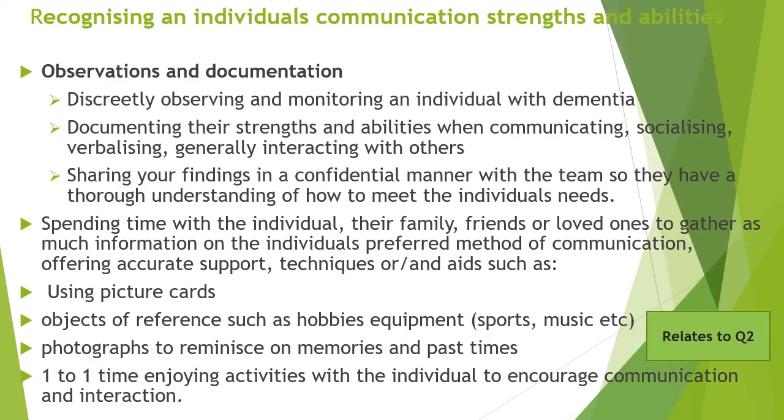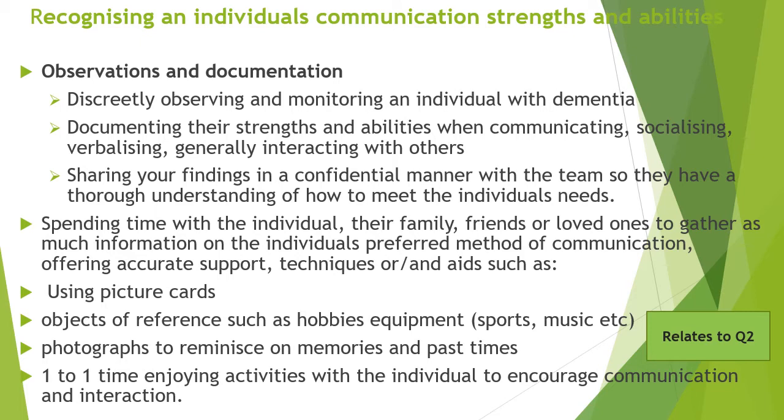So we're now going to look at a slide that relates to question number 2. And we're going to look at recognising an individual's communication strengths and abilities. Now, we have looked a little bit before at the person-centered approach, and it's about finding out that individual person's strengths and abilities.